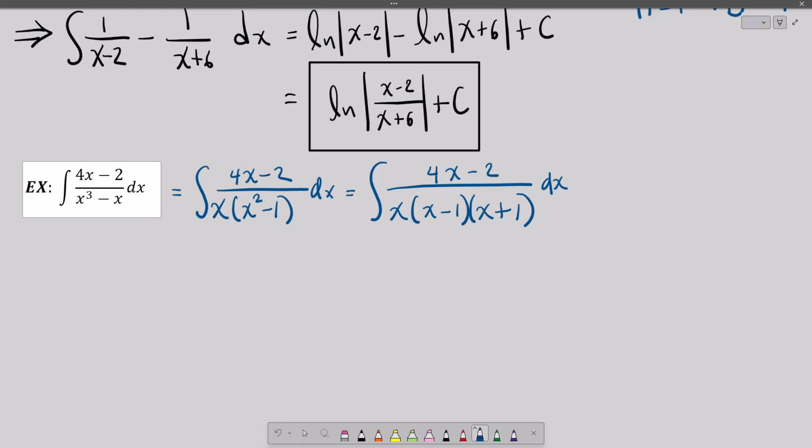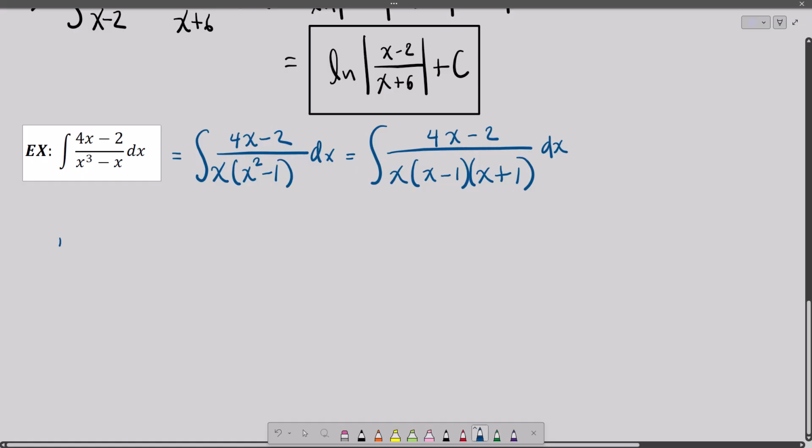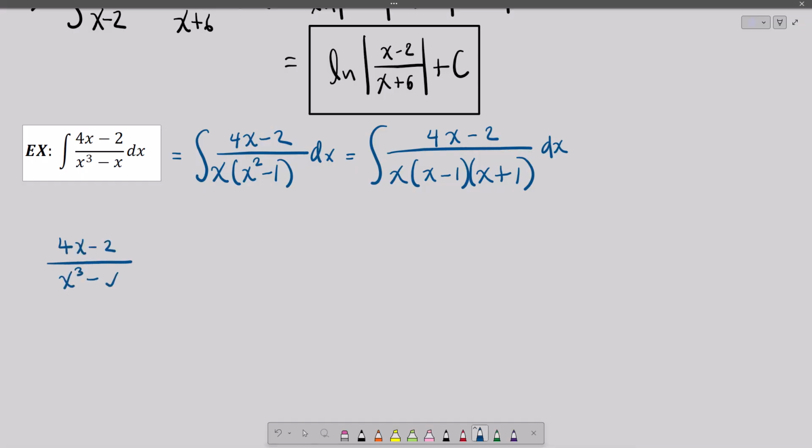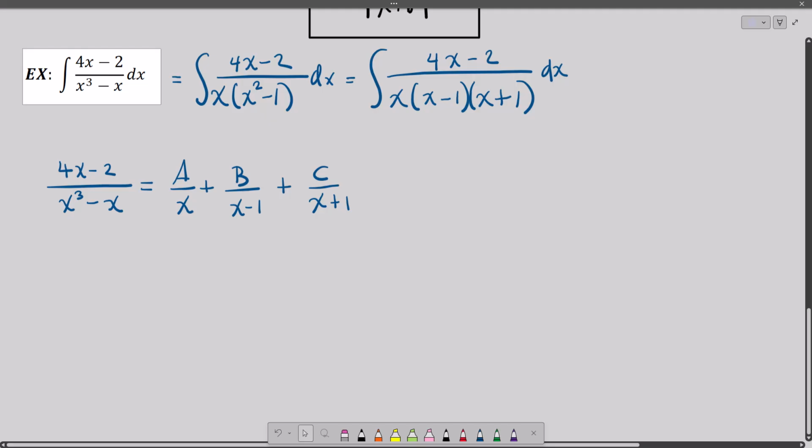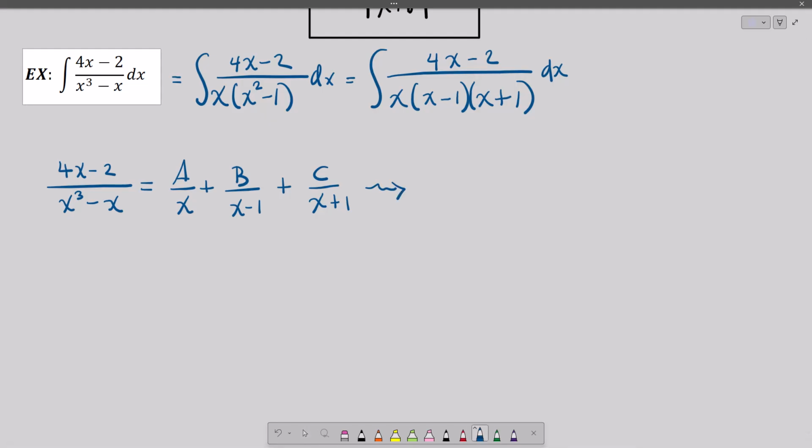So we're going to take the inside and rewrite it as a divided by x plus b divided by x minus 1 plus c divided by x plus 1. And now we multiply both sides by this denominator.